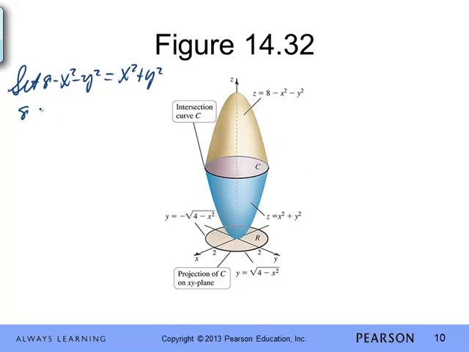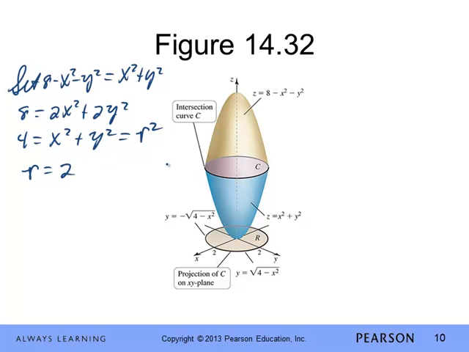So you have 8 is equal to 2x squared plus 2y squared. That means 4 is equal to x squared plus y squared. And remember, x squared plus y squared is r squared. So that means that r is going to be equal to 2. So that's why you see that circle of r equals 2 down there. So that's going to be the region that you integrate over.